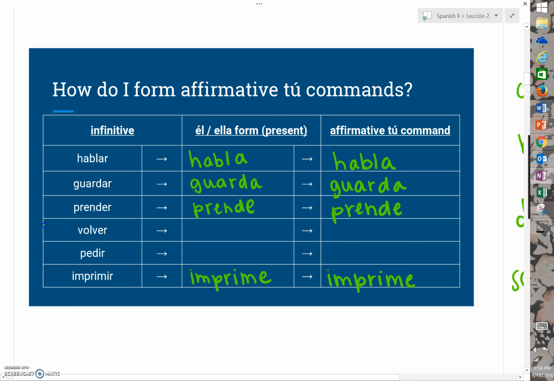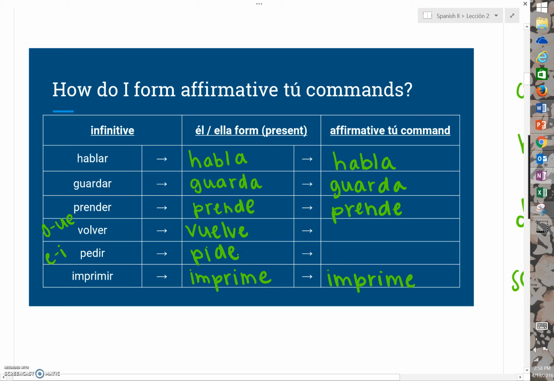They're both stem-changing verbs. Volver is an O to UE verb. Pedir is E to I. So if we put volver into the él, ella, usted form, we would get vuelve, and pedir becomes pide.